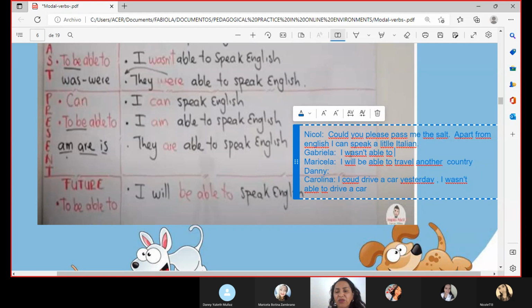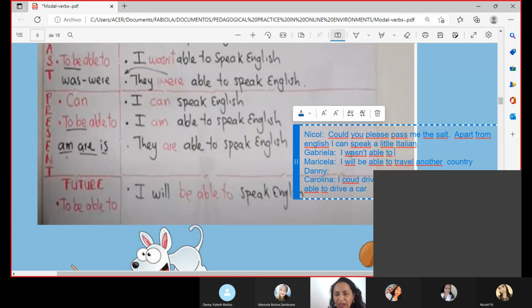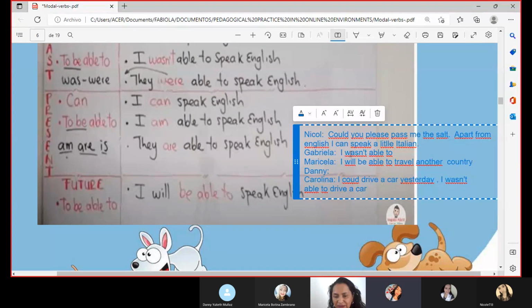Remember that in this part, go the verb. I wasn't able to. What verb you want to use? ¿Cuál verbo quieres usar ahí? I wasn't able to. ¿Cuál verbo pondrías ahí, Gabriela?